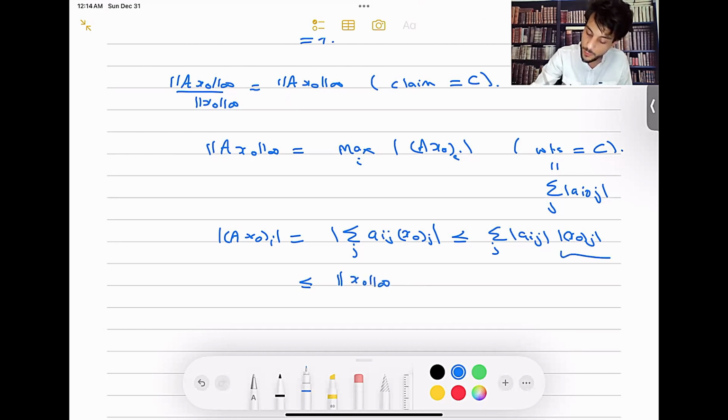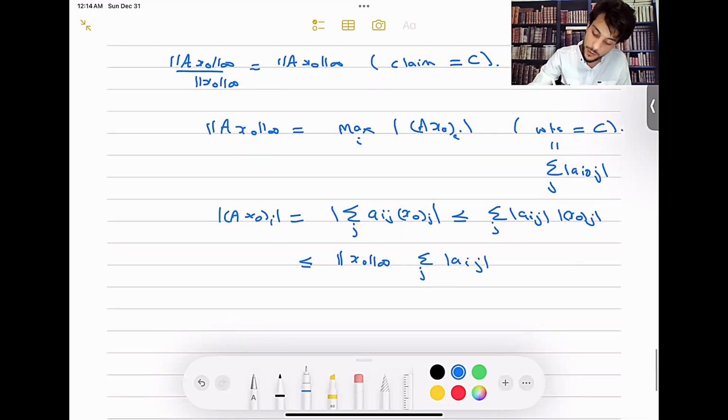Because the infinity norm is the maximum of these, and we can pull it outside by taking the maximum. Hence, we have the infinity norm of x0, and all that is left in the sum is this thing. But observe that this is just a row sum, right? And c is just the maximum of these row sums in absolute value. So this is less than or equal to c.